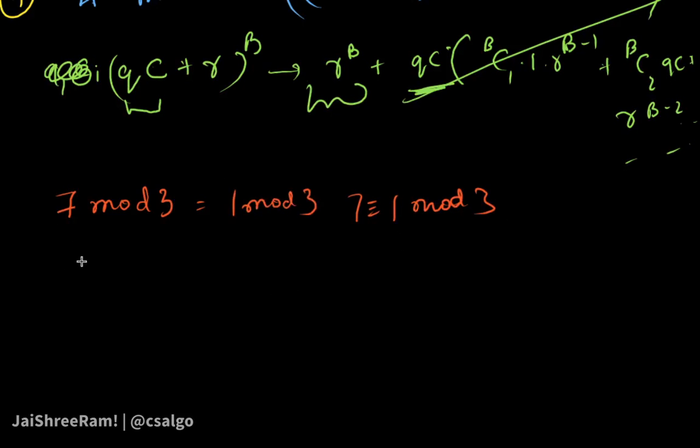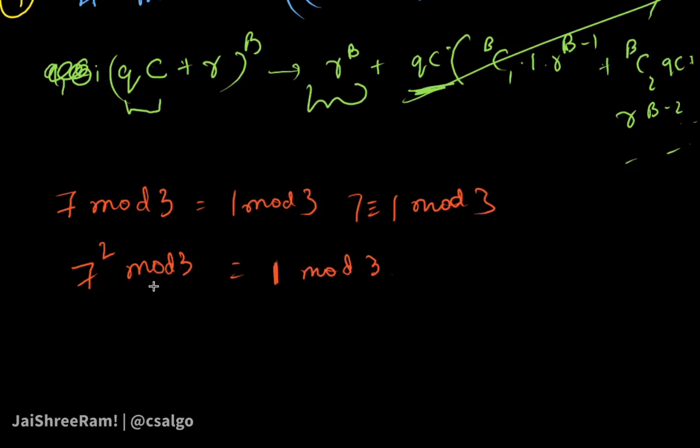Let's say you need to find 7 squared mod 3. 7 squared mod 3 is 49 mod 3, and 49 is not divisible by 3, so you need to go down to 48, and this will be 1 mod 3, right? Because 48 is divisible by 3 and 49 is 1 plus that.